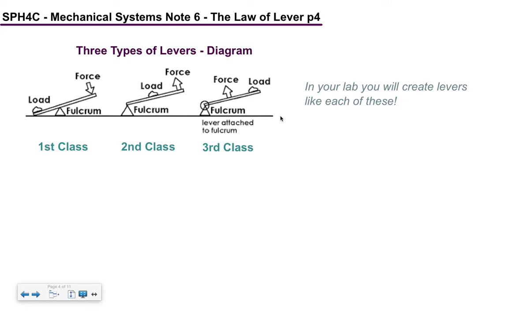For really basic levers, you're going to make up a fulcrum in the classroom, use a meter stick as the lever itself, put a mass on as a load, and measure the force that you apply using spring scales. So you'll be doing static equilibrium of the three different classes of levers. It gives you a better idea of how they work, and you could think about applications. I think we talked about that in an earlier video, like in your body, how there are different types of levers.